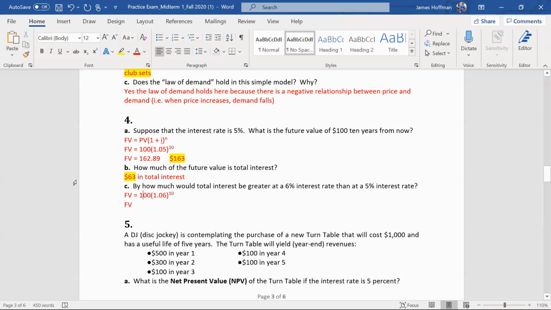The only difference is the interest rate went to 6%, which means that 1 plus I is now 1.06, but the remainder of the calculation is the same, but we should get something a little bit higher.